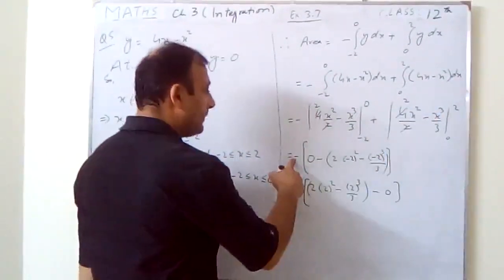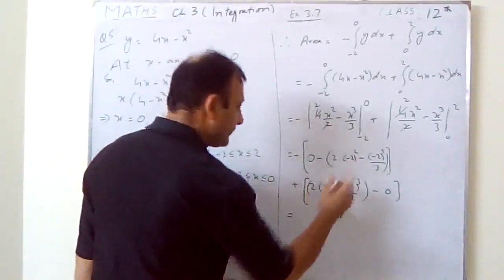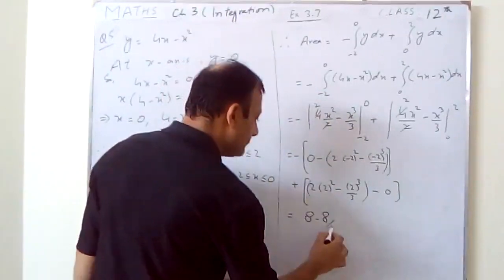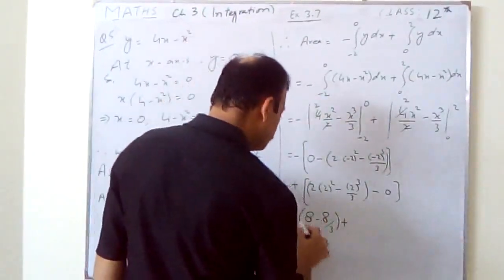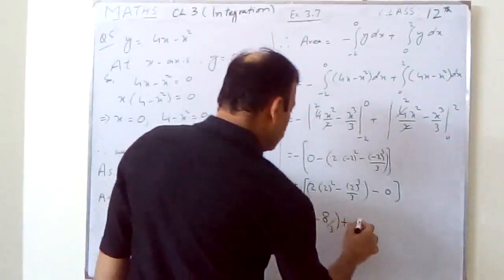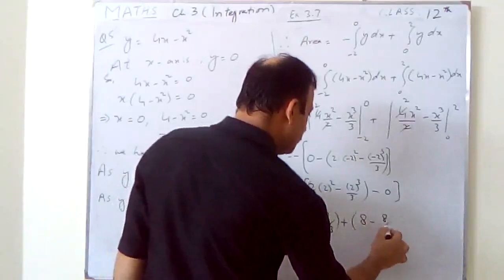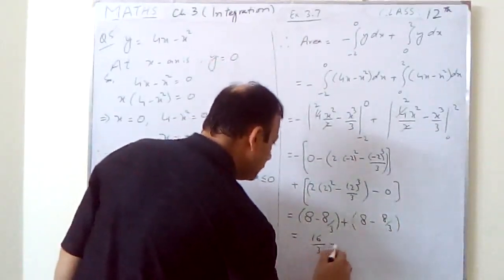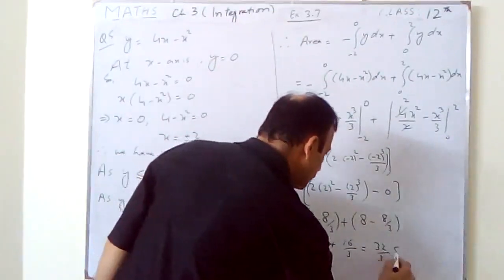So this minus and minus becomes plus, so we have 2 into 4, 8 minus 8 by 3, plus again 8 minus 8 by 3. So here it is 16 by 3 plus 16 by 3, which is equal to 32 by 3 square unit.